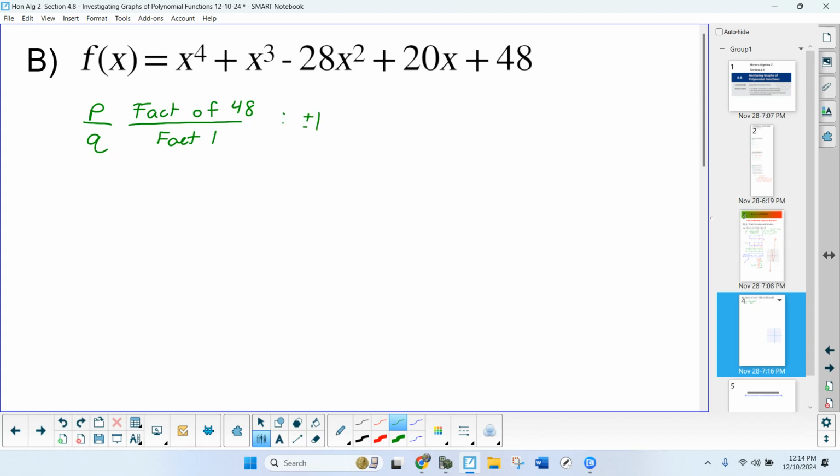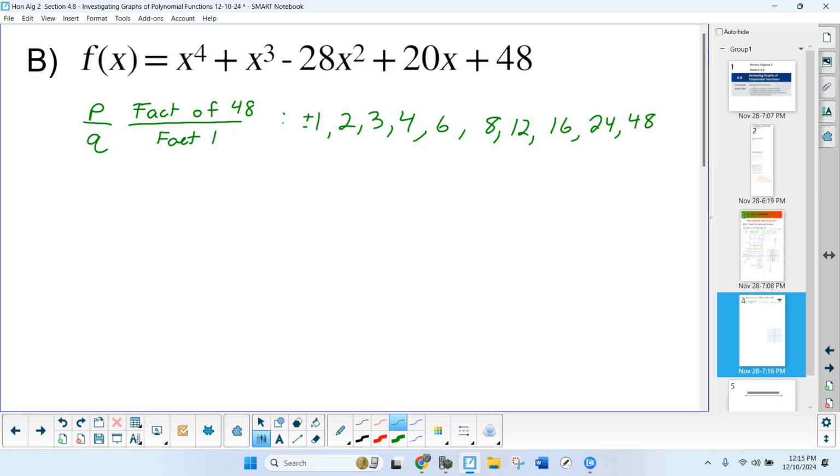That's 1 and 48, 2 and 24. Does 3 go in there? 3 and 16, 4 and 12. Does 5 go in there? 6, 6 and 8. Does 7 go in there? No, and now you're back to 8.